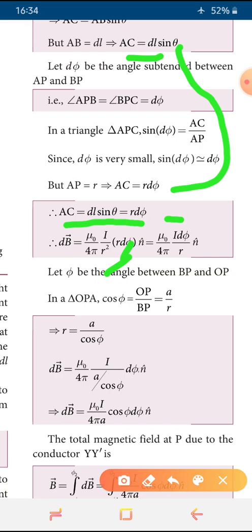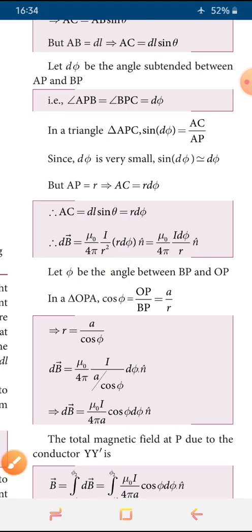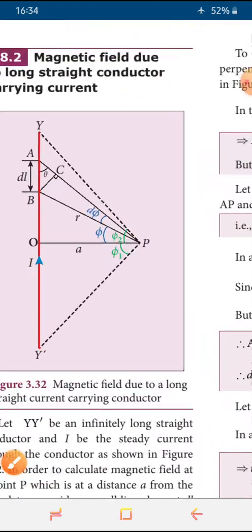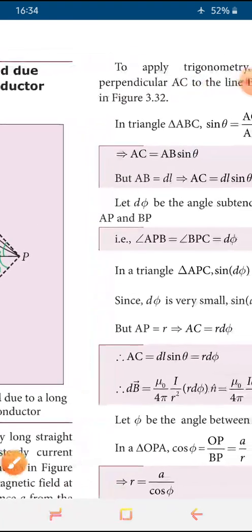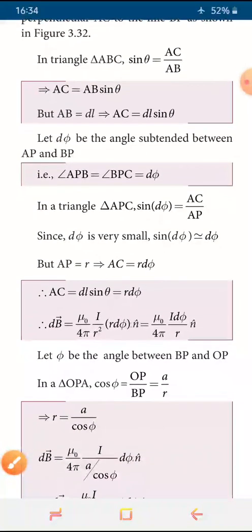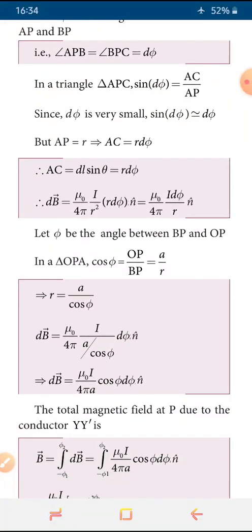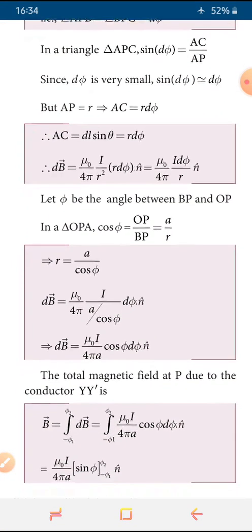Then we are choosing the triangle OPA. Once again I am reminding you, this is not B, this B will be taken as A. We are taking the OPA triangle now. So in this OPA triangle, cos phi is equal to OP by BP.